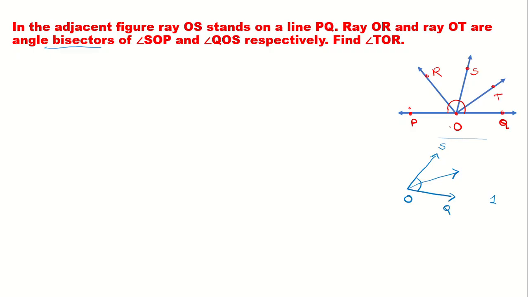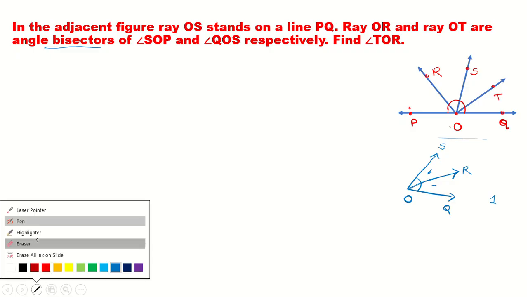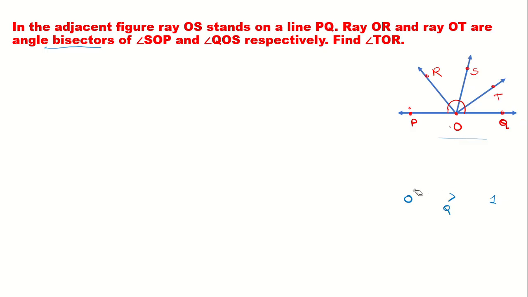As you can see, first we had a single angle. When we draw a ray in this angle, the ray divides the angle into two equal parts. So this OR is the bisector. It is a line or a ray which divides an angle into two equal angles. So this is angle 1 and this is angle 2. It was about angle bisectors. So in this, two angle bisectors are given.